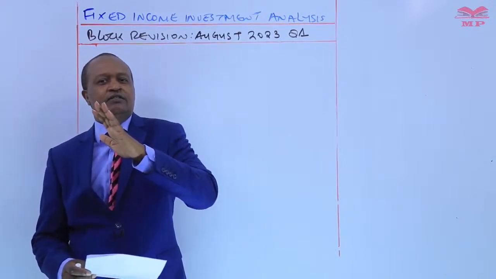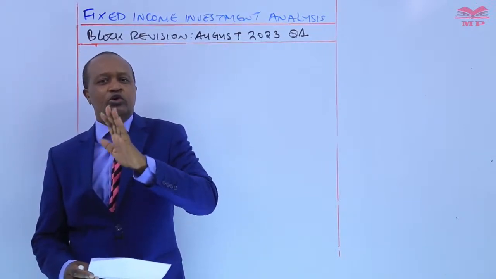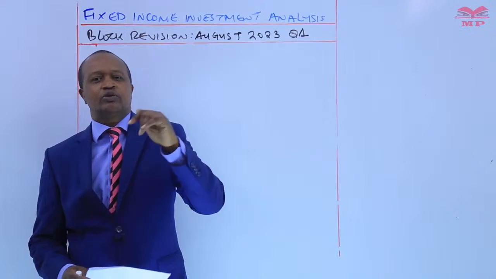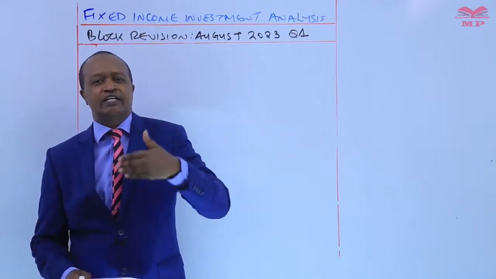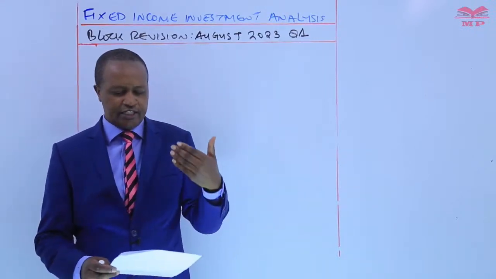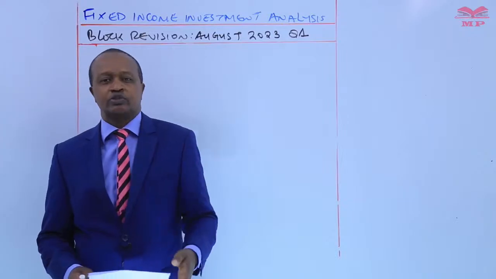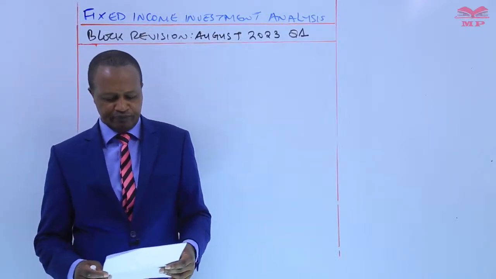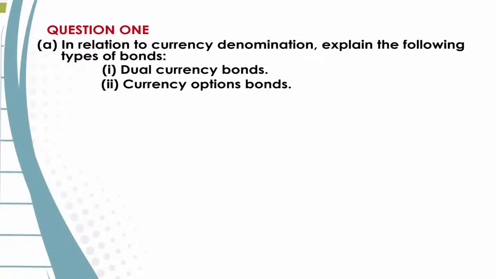And the bondholder can choose whether or not to exercise the currency option based on prevailing exchange rates and market conditions. So those are the types of bonds in relation to currency denomination: the dual currency bond, and the currency options bond.